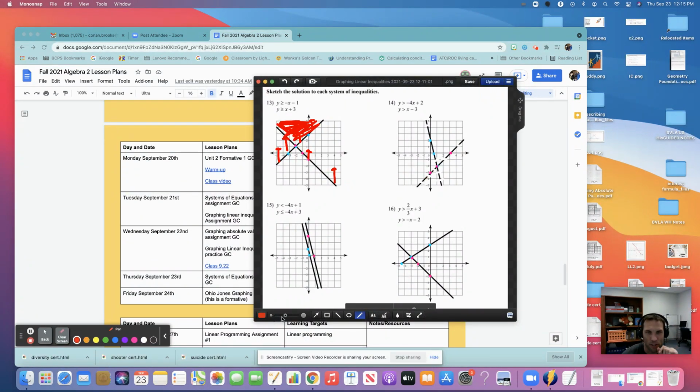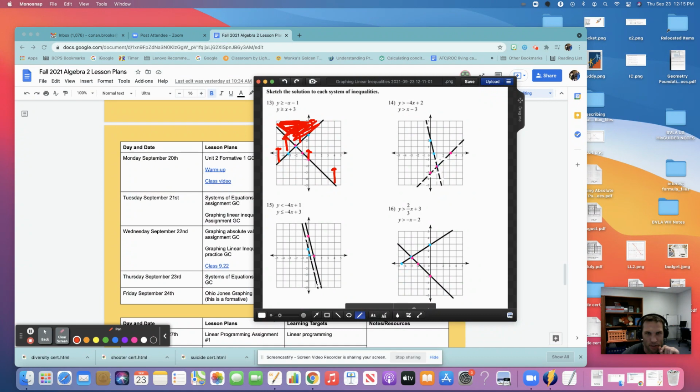Let's just look at 15 real quick. On 15, the line at +1 is dashed, and the line at +3 is solid. So the line on top here should be solid, but this one should be dashed.